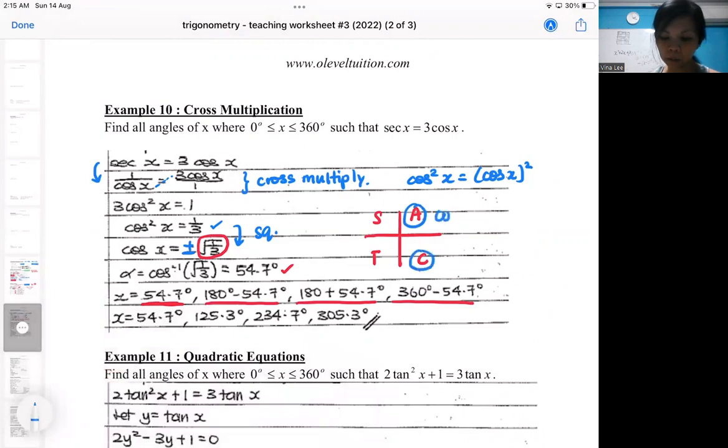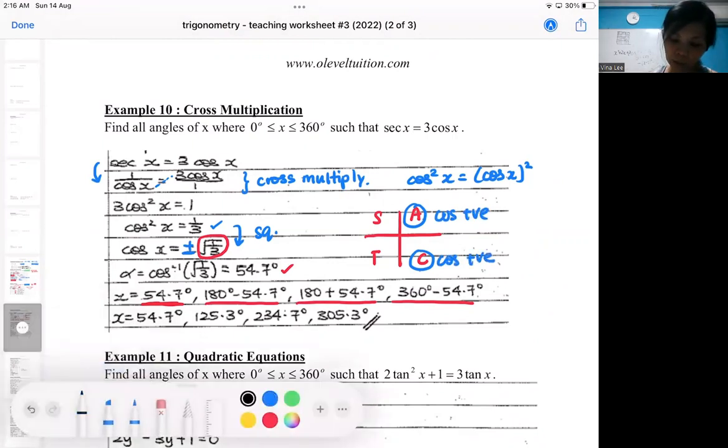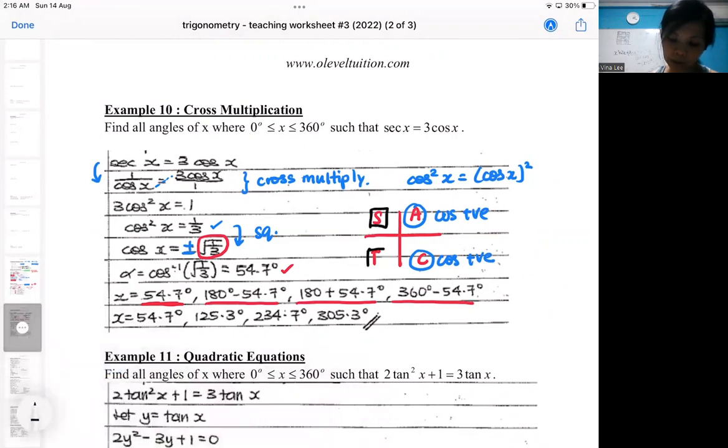So these two will be cosine positive, and these two will be cosine negative. So because of this, they have the same basic angle, but they appear in all the 4 quadrants. So that's how I get the 4 answers.